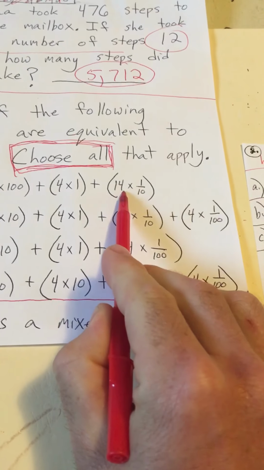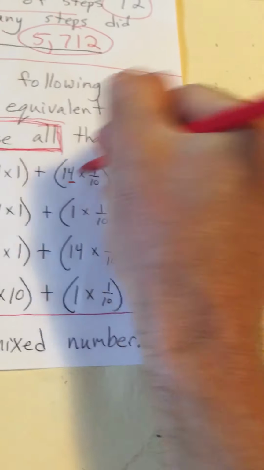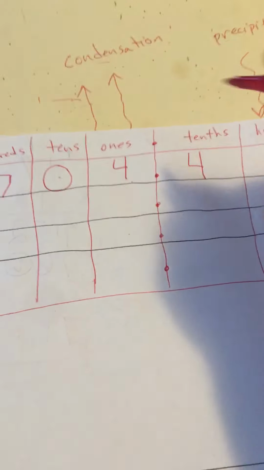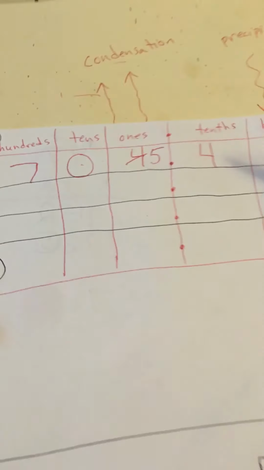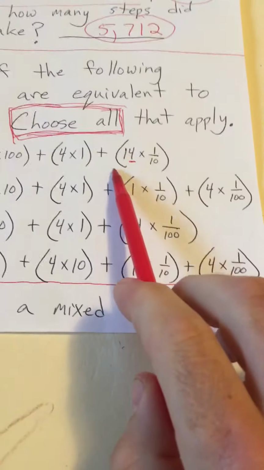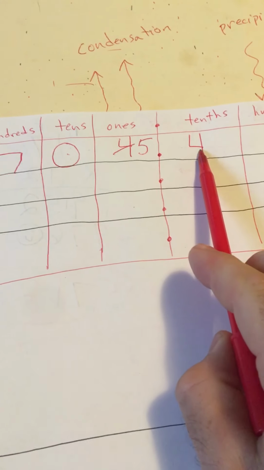Then we have 14 times 1/10. So 14, that means this 4 is going to land in the tenths place. So if we put 14 tenths, we're really going to put 4 there, and the 1 is going to go here, which is going to make that a 5. Does that make sense? 14 tenths is 1.4, because the 14 is going to land in the tenths place.